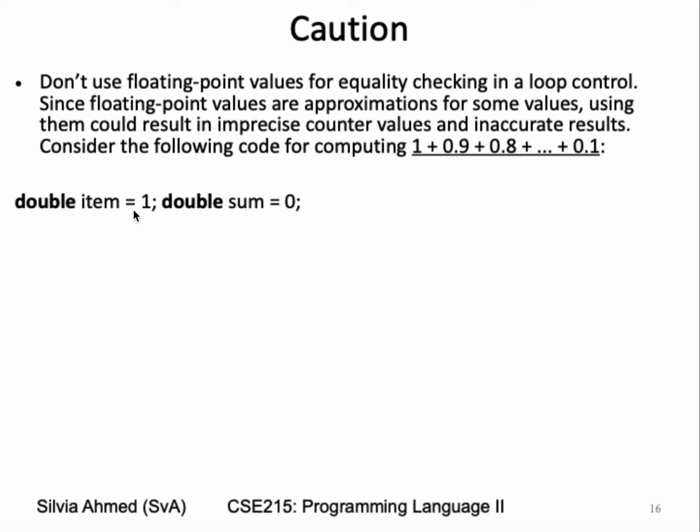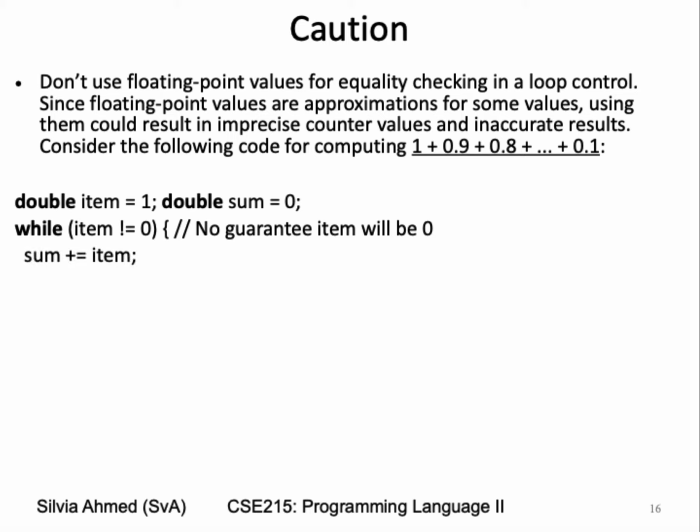We have the value that we will be adding as double item equals 1, and a double sum equals 0. Then we have the loop: while item is not equal to 0.